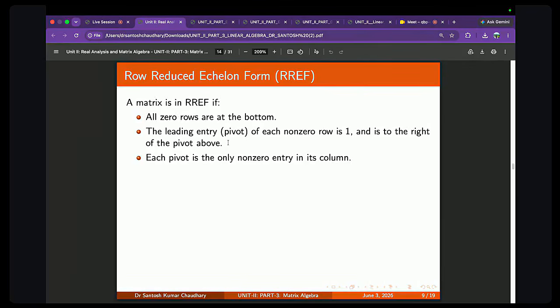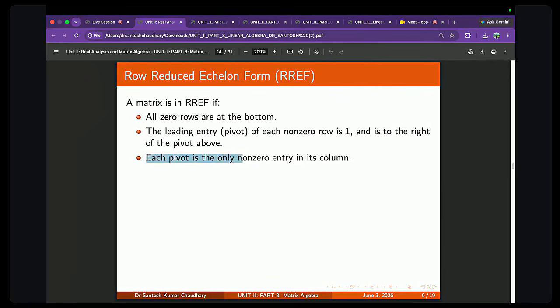Like if you go from top to bottom, the row that comes first will have its pivot on the left side. The row that comes later will have its pivot on the right side. So you can imagine a stair type. So 1, 1, 1 will be kind of stair types, like you are going down the stairs.